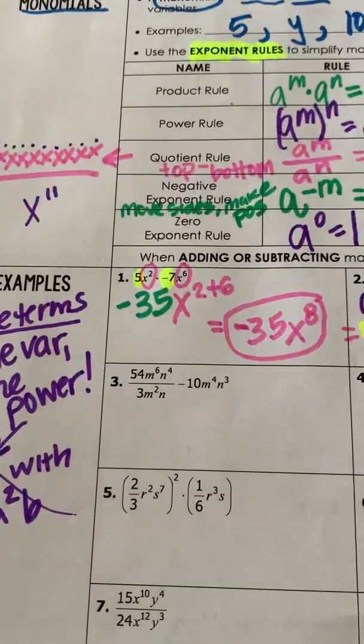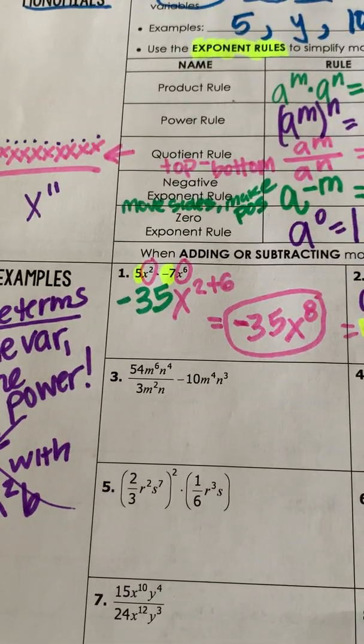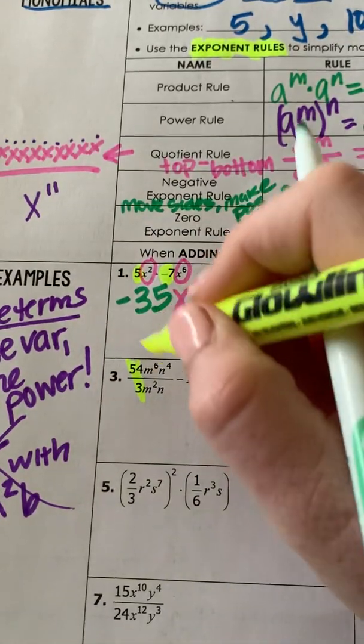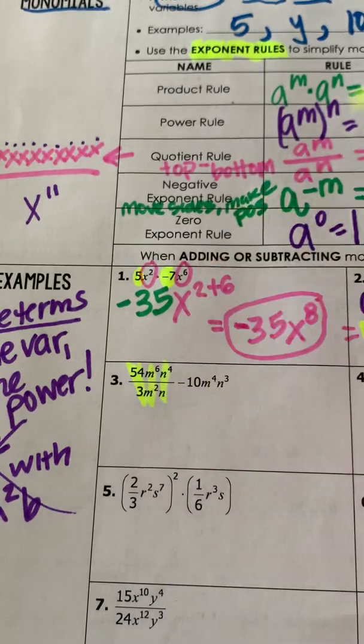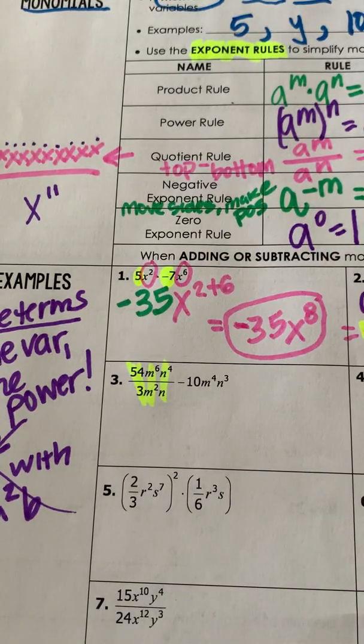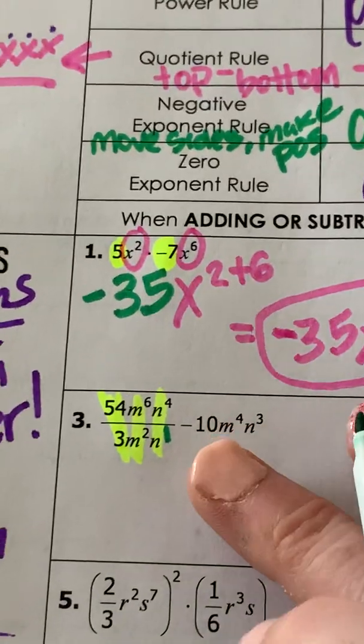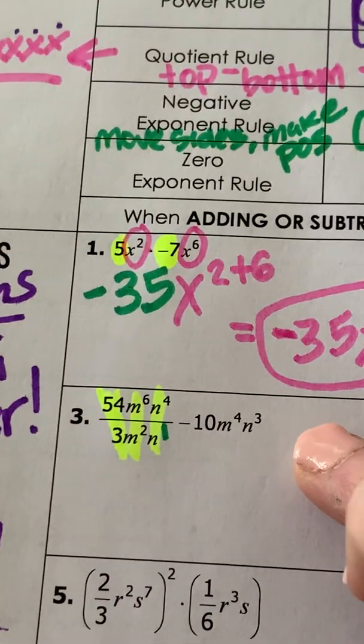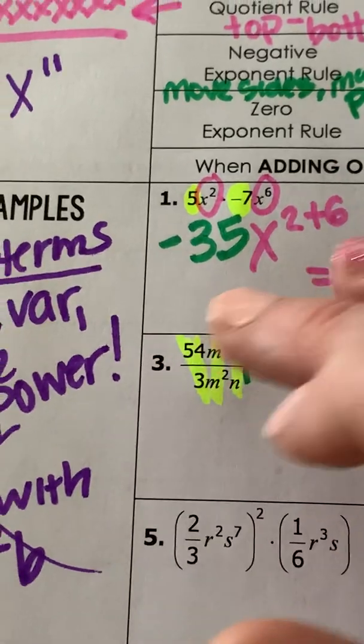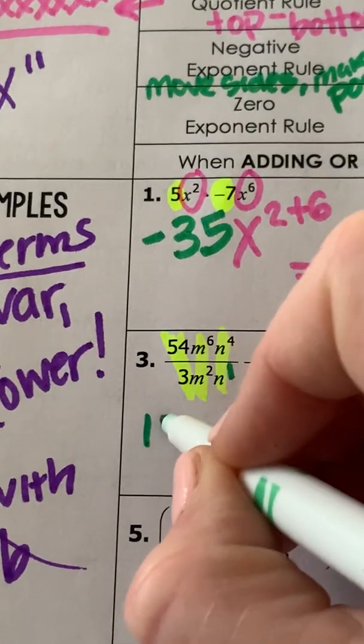Number 3. So I'm going to divide the numbers, and then I'm dividing m and n separately by subtracting. So I'm going to go ahead and put in the 1st on the bottom. All right, we've got to do PEMDAS again. We're going to divide before we subtract. So 54 divided by 3 gives me 18.